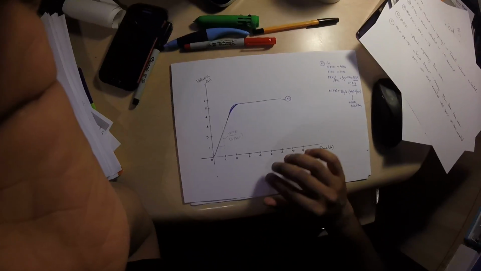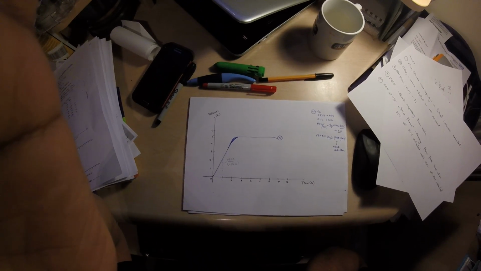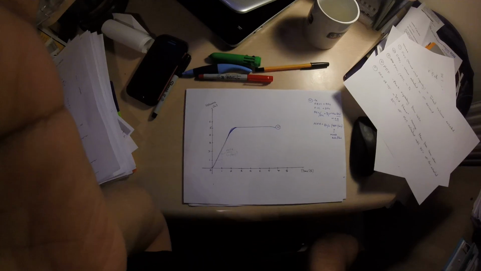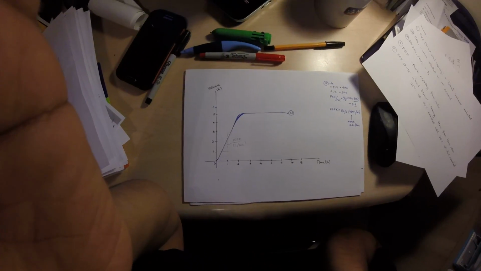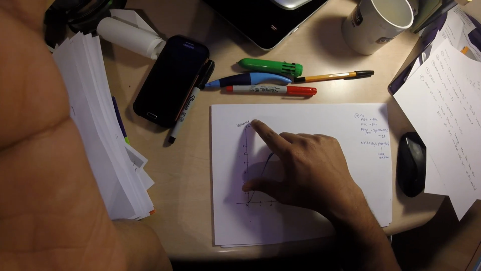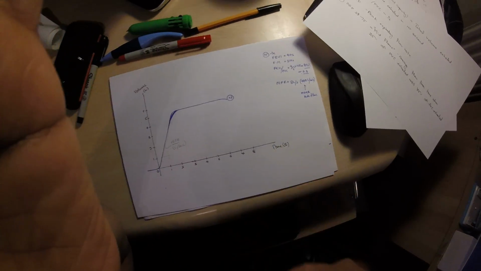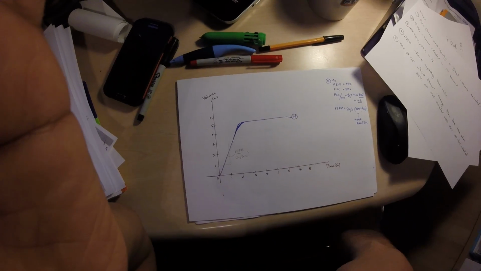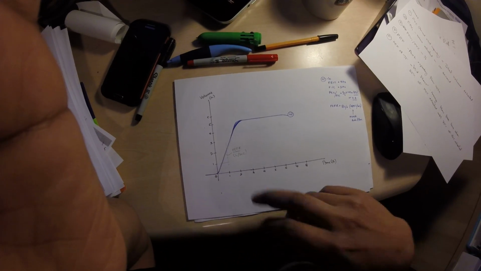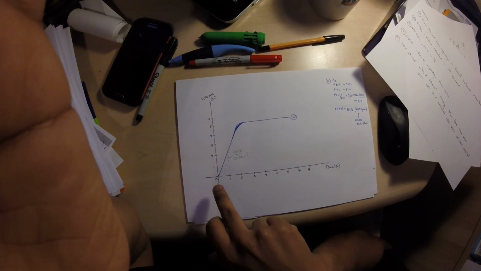Now this is a basic or normal peak flow meter, or a description of it. It's got two axes. One is volume in liters and the other one is time in seconds. Now I've tried to draw this as best as I can. Time starts at 0 and the patient's volume starts at 0.